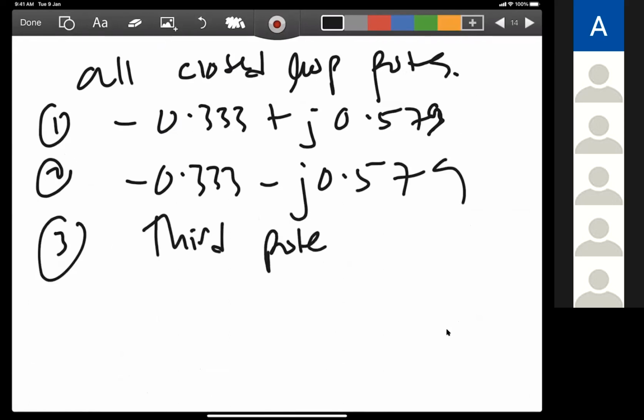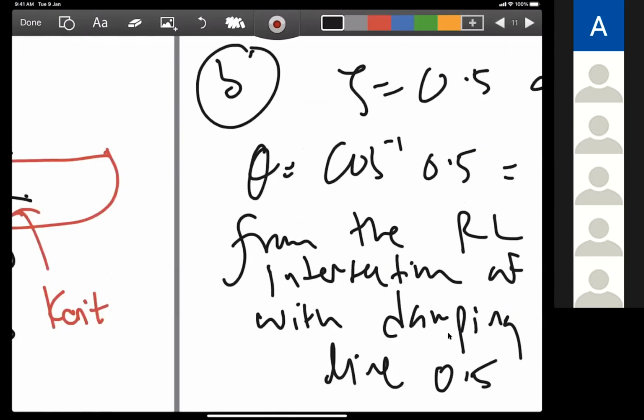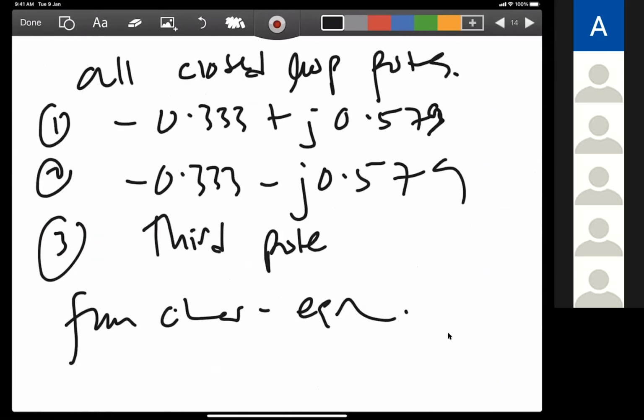So how are we going to calculate the third pole? Aina Shafika, how are we going to calculate the pole?